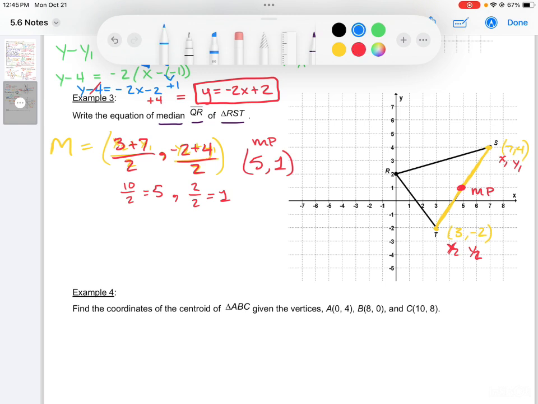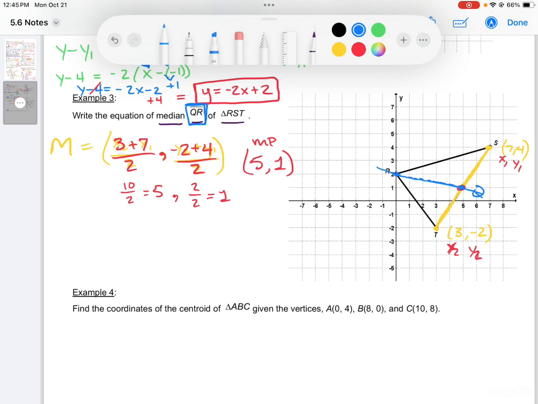The next thing, since I'm looking for the median, I've got this midpoint, and the instructions say to call it QR. So I've already got R over here. This is going to be point Q. And point Q to R is what we are trying to find an equation for.